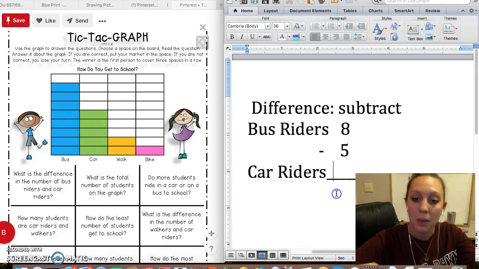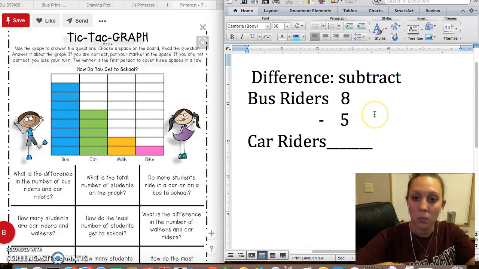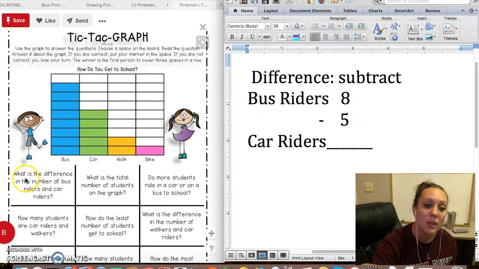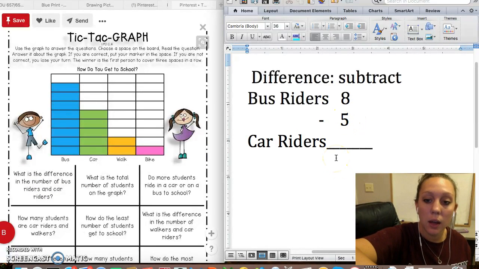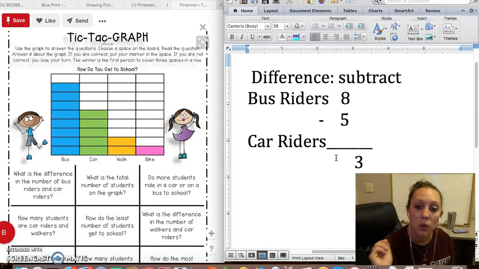So 8 minus 5. So the difference. What is the difference in the number of bus riders and cars? So 8 minus 5 is, you got it, 3. Okay, so that one's not too bad, right? So the difference we're going to subtract.